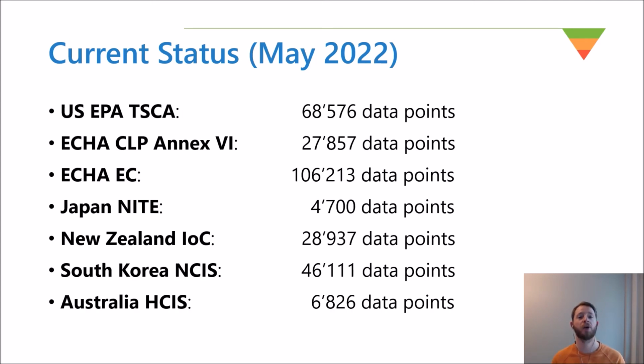When it comes to chemical inventories that we have already cleaned up and formatted and fed into the database, you can see that we have 7 inventories included already of varying sizes, but also just the sheer number of data points here, which is really rows in tables, tells you that there is a lot of work to do and a lot of safeguarding and quality assurance to do to make sure we actually have a well-behaving data set for each of these inventories.